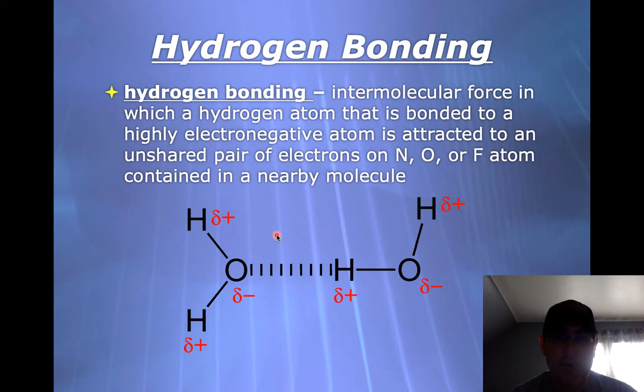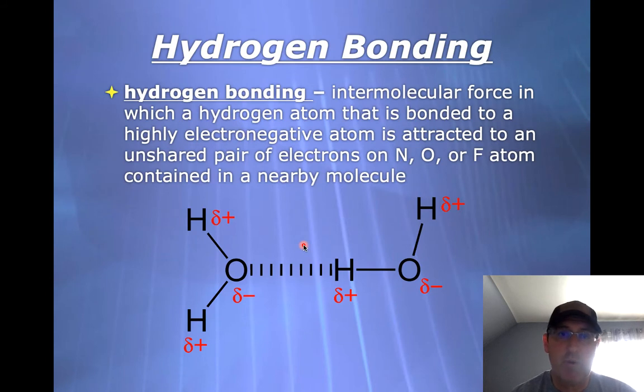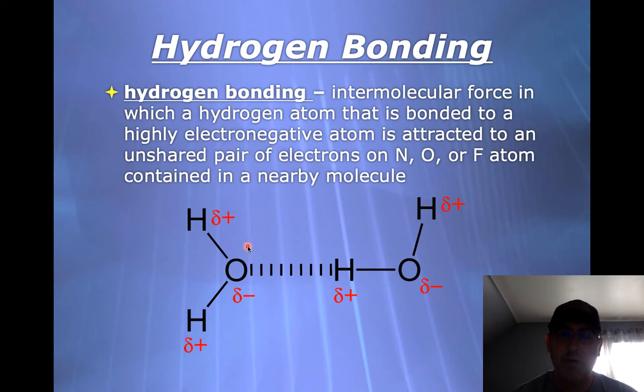When water boils, you're totally separating water molecule to water molecule. So you're breaking that hydrogen bond. That's why it takes so much energy and so much time to boil water. There's a lot of energy that has to go into breaking this hydrogen bond.